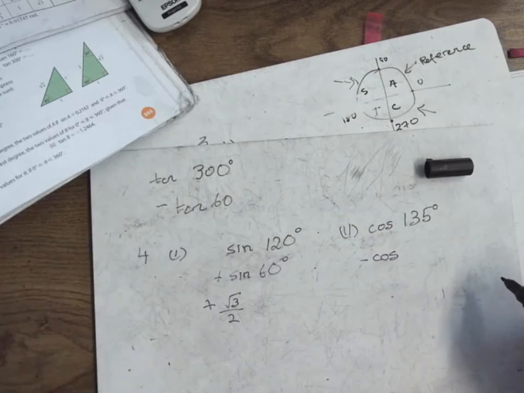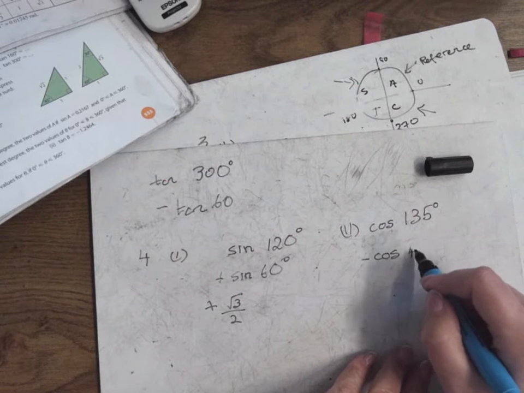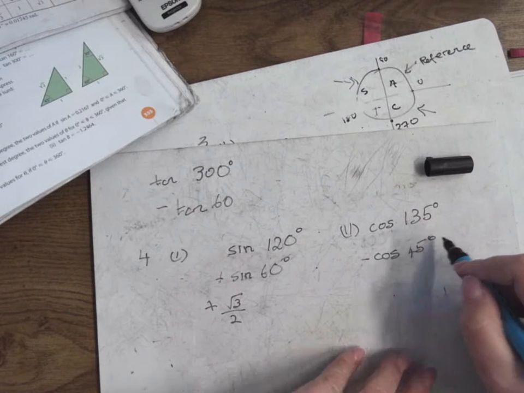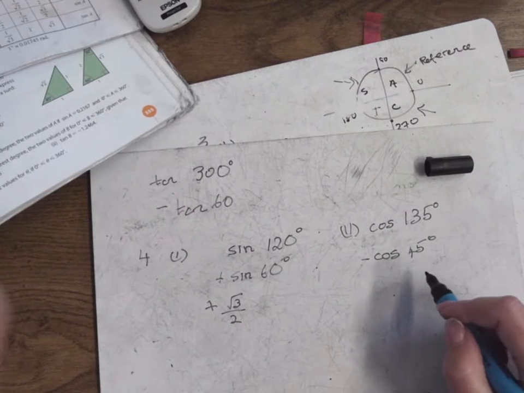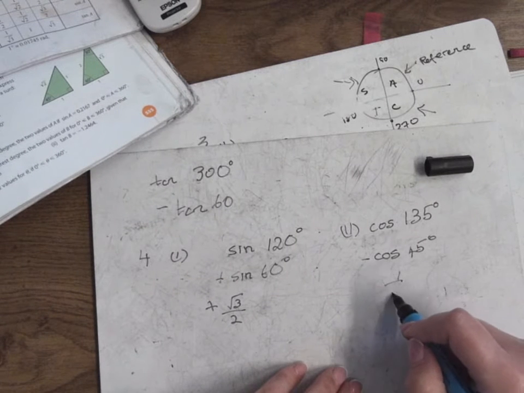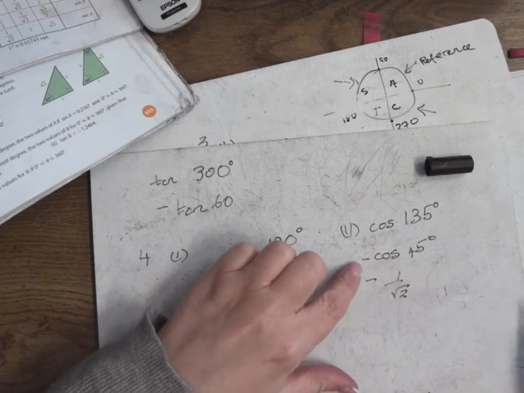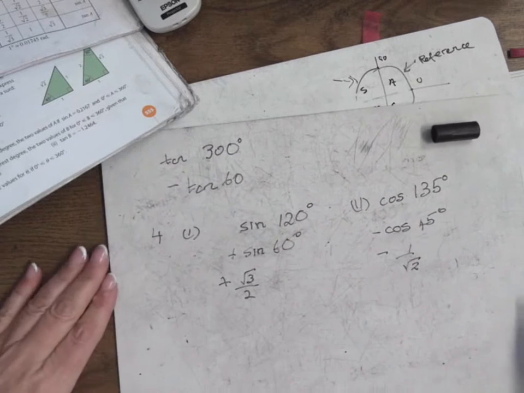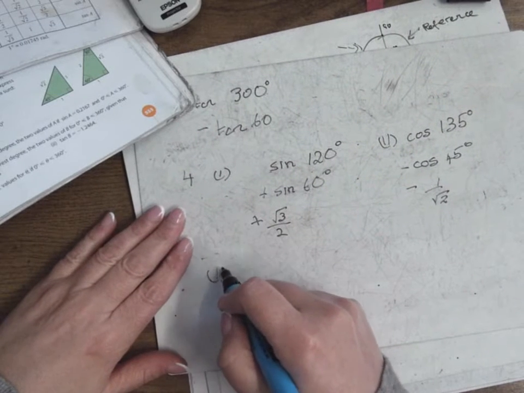It's 180 take away 135, 45. So on your calculator you get cos of 45, which is 1 over root 2. And you stick a minus in front of it, because that's what that means. Is that alright? Are we getting them? I know they're a bit weird.